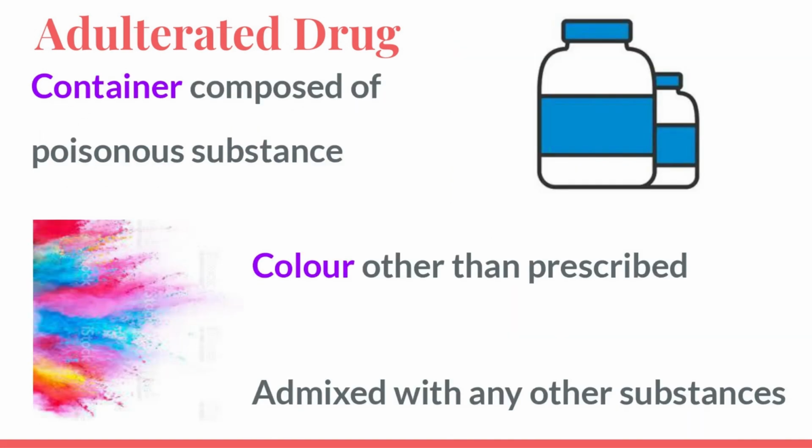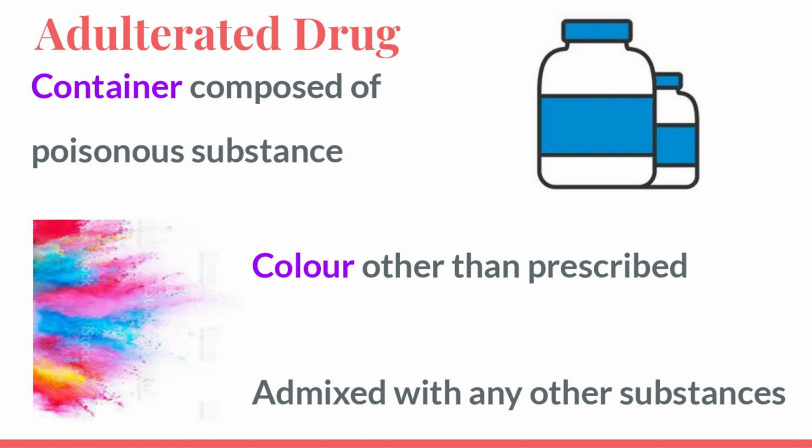And the list continues. If the packaging material of the drug contains any poisonous substance, it can be called an adulterated drug. That is, containers made with any poisonous substances make the drug an adulterated one.